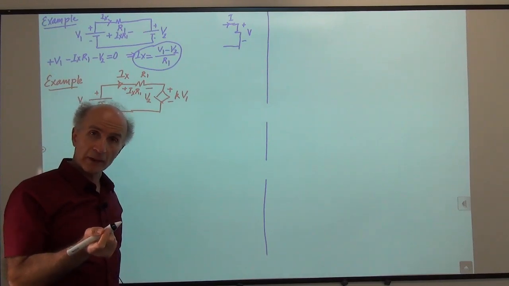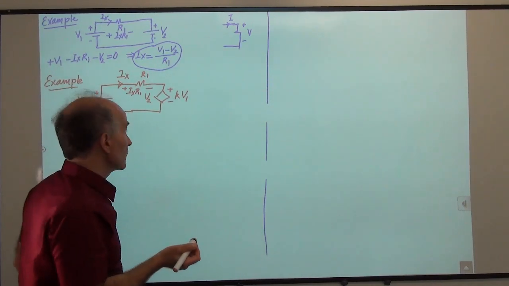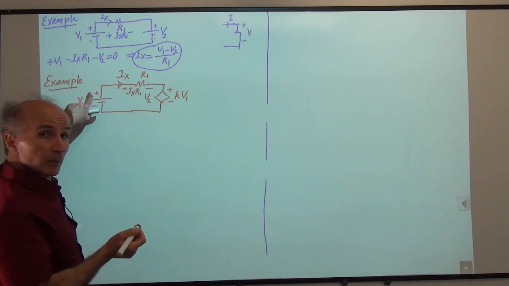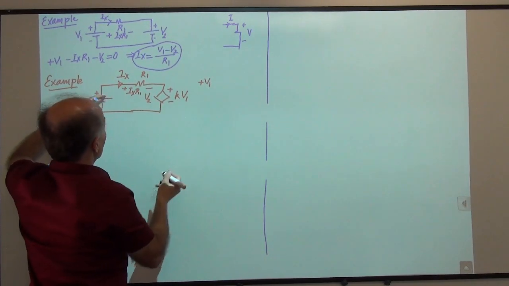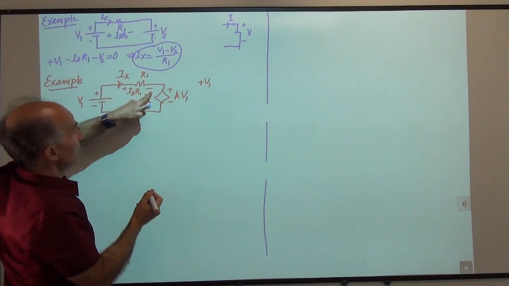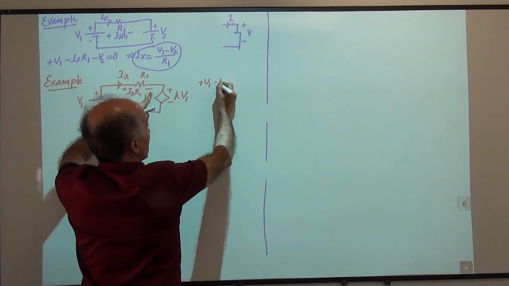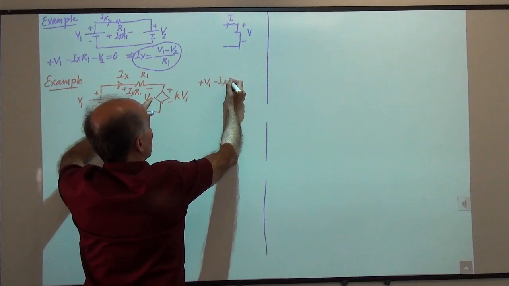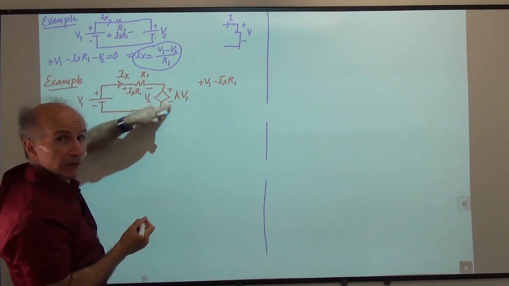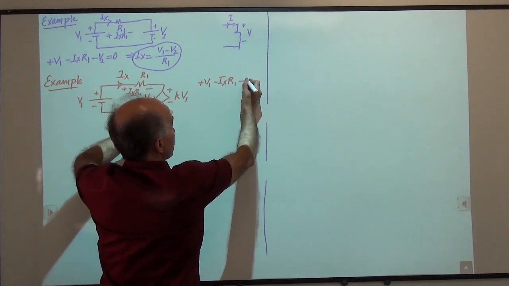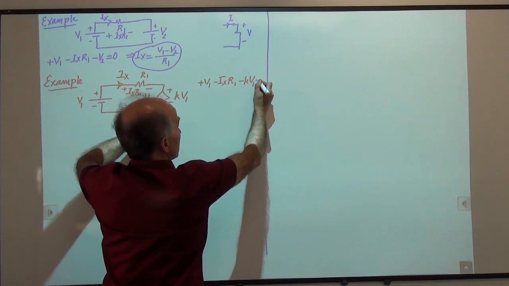And now we go ahead and write our KVL. So starting from here, I say going up the potential is plus V1. Going down the potential from high to low, that's minus IxR1. And then going down the potential from high to low is minus KV1 is equal to 0.